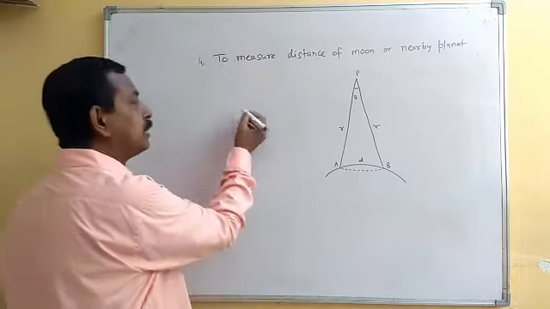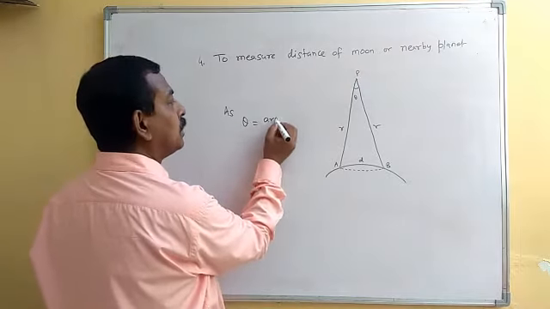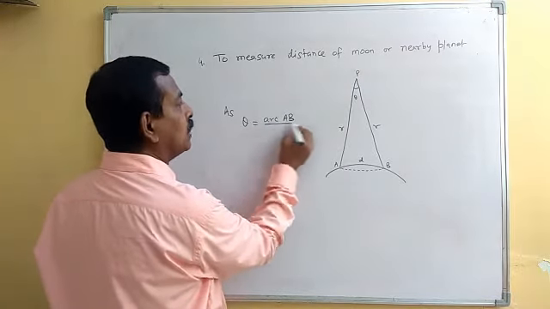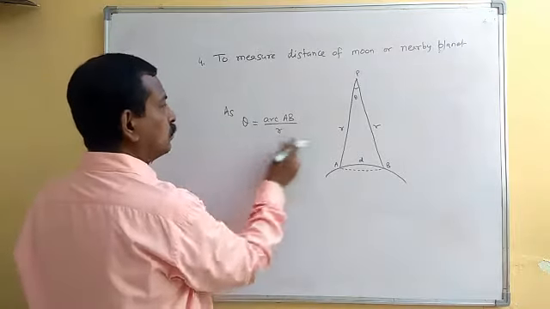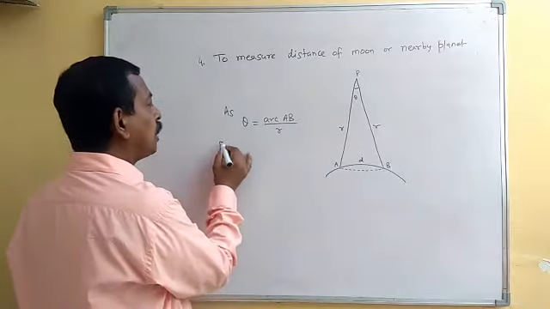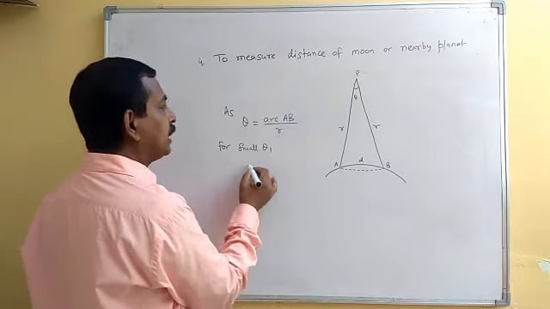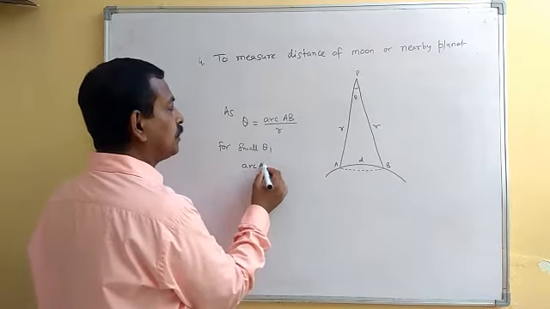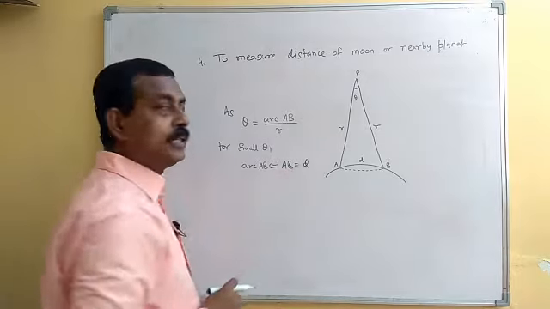So again, theta will be equal to arc AB by the distance r, which is basically the radius for this arc AB. For a small theta, again as the arc AB will be nearly equal to AB, and that is d.